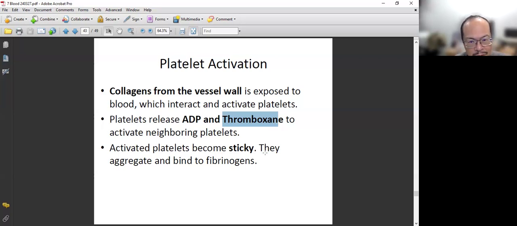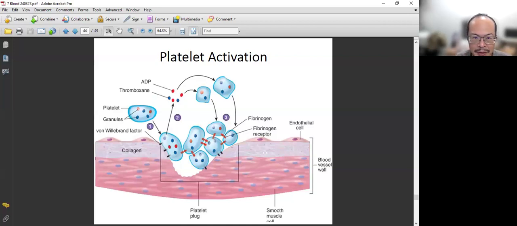So I think I have a picture about it right here. So this is a platelet. You can see that this is a platelet. In the beginning, they are not activated, but say this one is the first one, coming here and attaching to the collagen in the vessel wall. Collagen will trigger it. This is called von Willebrand factor.